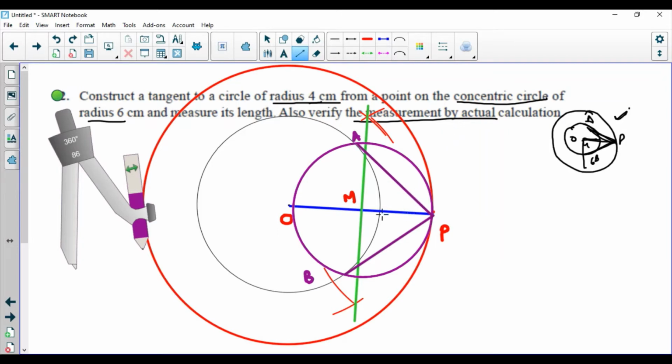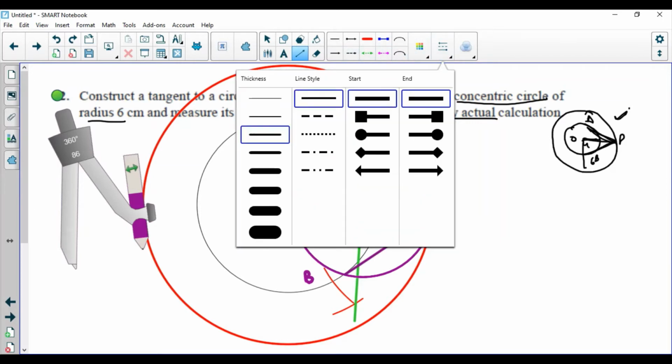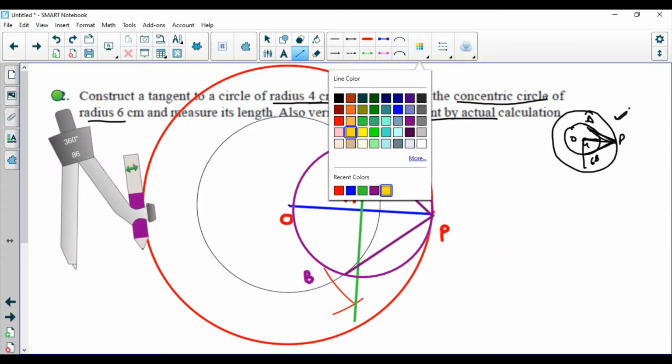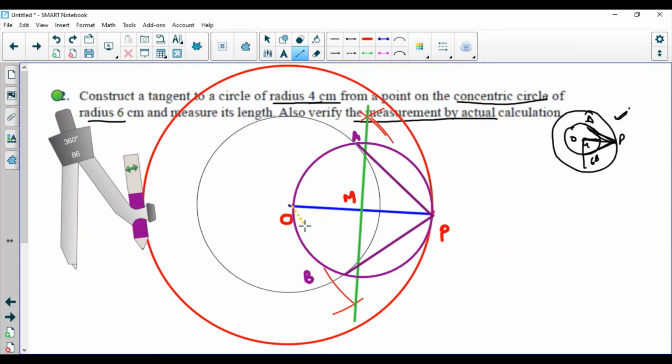Now for justification, the same procedure we will apply here. We will join BO, that is the radius of the circle with radius 4 centimeter. OA is also a radius.